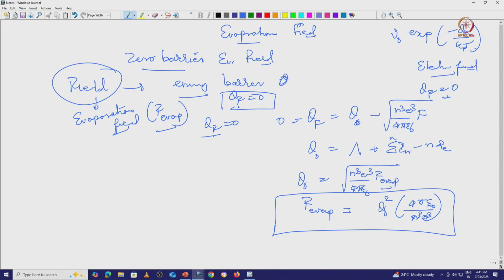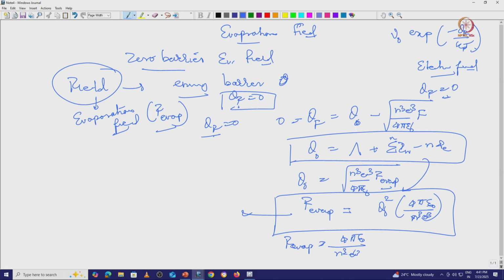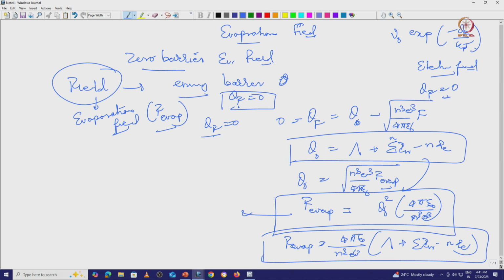Fine. So based on this expression you can again put Q0, this particular expression, in this equation, and write FEVAP is equal to 4 pi E naught divided by n cube E cube, times binding energy plus summation of ionization energies minus n work function, whole square.